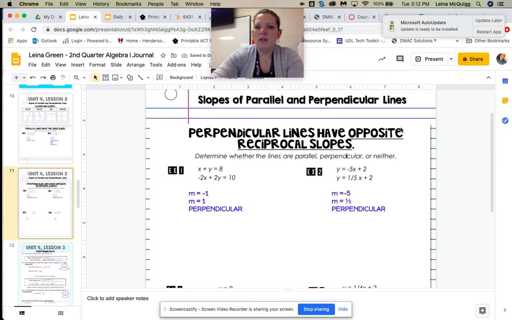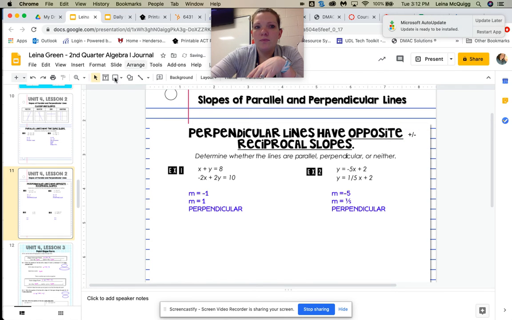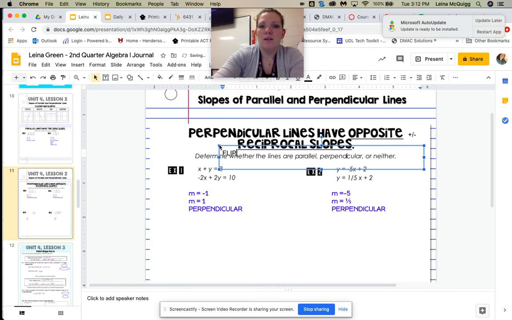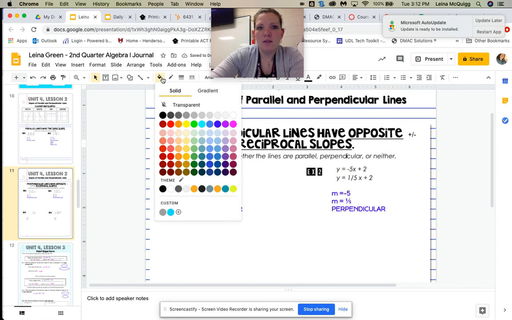So I'm going to add a little text box right here. For opposite, one of them has to be positive and the other one has to be negative. Then reciprocal, we're talking about, is it flipped? If we wrote it as a fraction, did we flip the fraction? Let me change these colors.